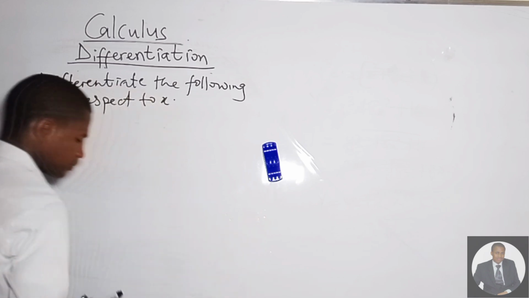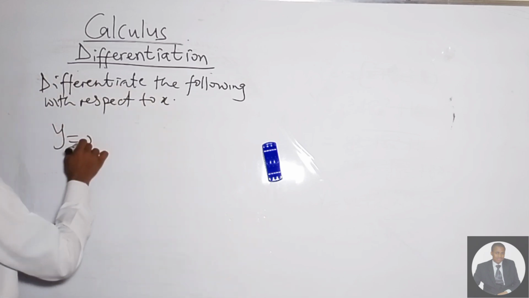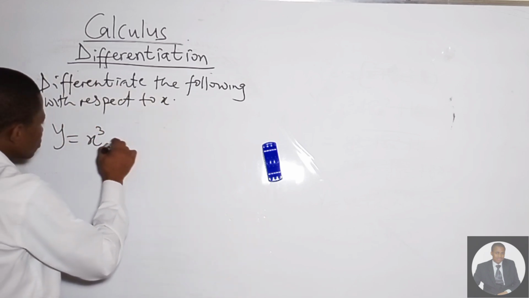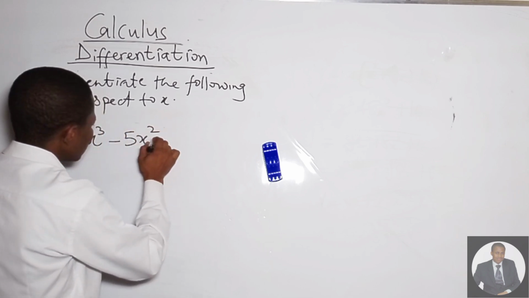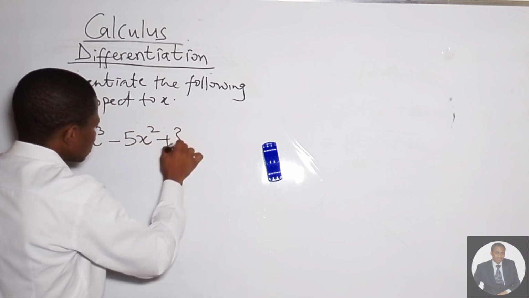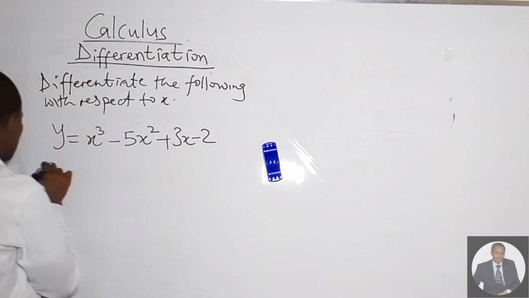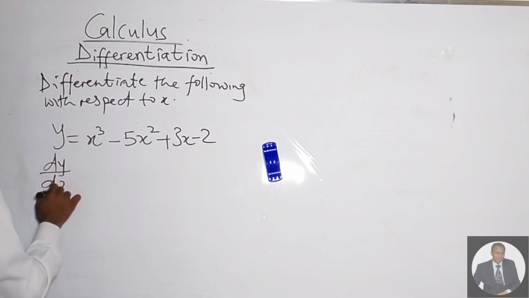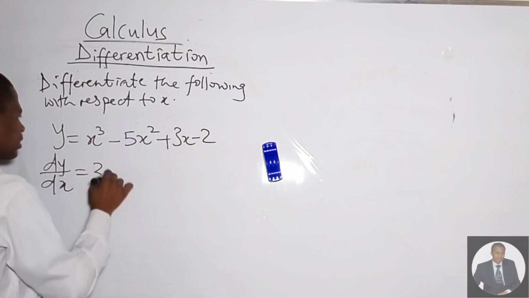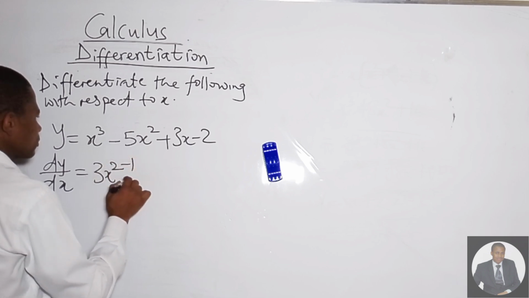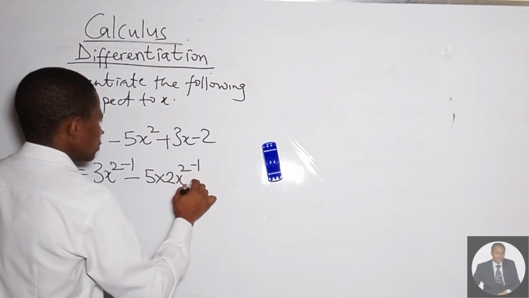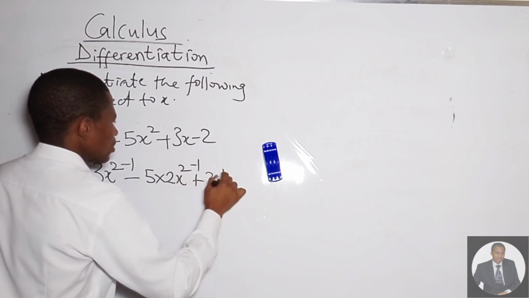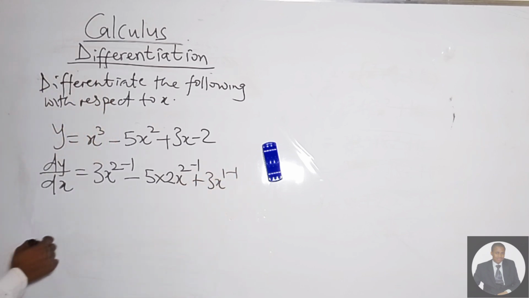Another question. y equals x raised to power 3 minus 5x raised to power 2 plus 3x minus 2. So dy/dx will be 3x 2 minus 1, minus 5 times 2 x 2 minus 1, plus 3x 1 minus 1. So what do we have?